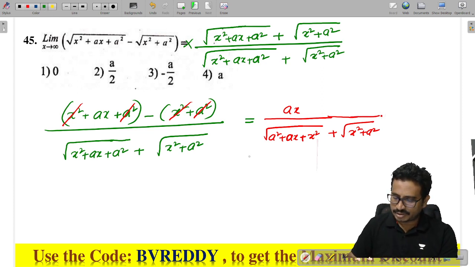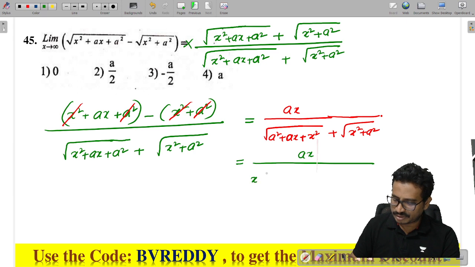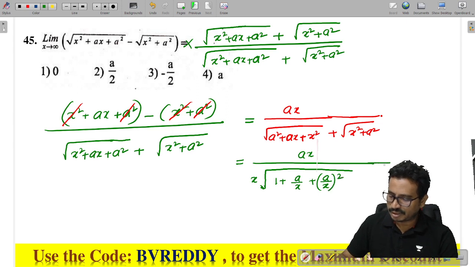Now limit x tends to infinity. So if I take out this x common in the denominator here, so what we have left out here, you can see. Now this is 1 plus a by x plus a by x whole square, and here also we have taken now here x common, that is square root of, you can see this is 1 plus a by x whole square.